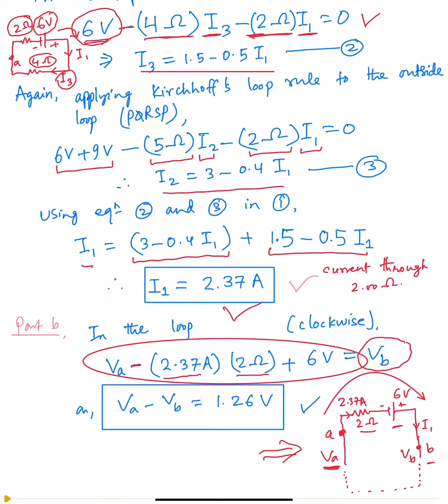The product of these two gives you the potential, and here this is 6 volt. You can focus on the direction, so that must be V_B equal to V_B. You can write it like this and solve, and you will get 1.26 volt. This is the potential difference between ends A and B of this circuit.